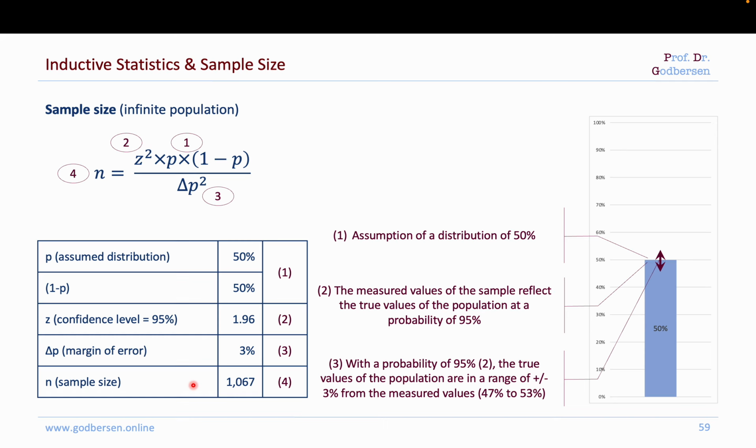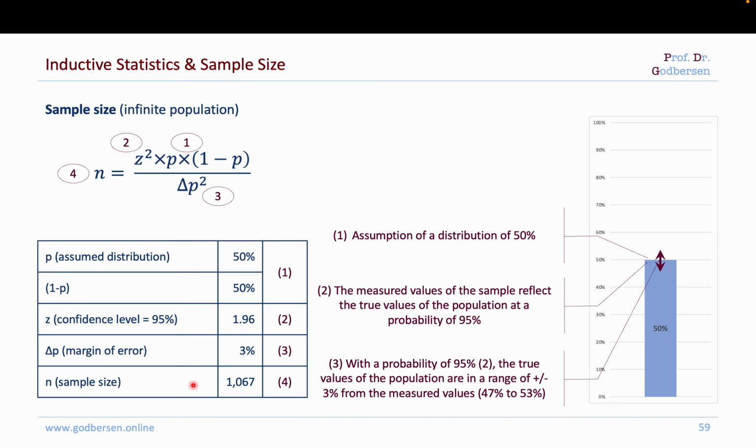This is sort of a magical number in statistics and inductive statistics. Perhaps think back to some political polling, Brexit, Remain or Leave. You always had such numbers, a bit more than 1,000.